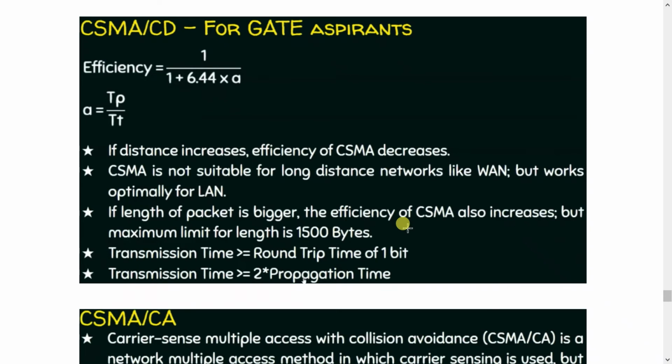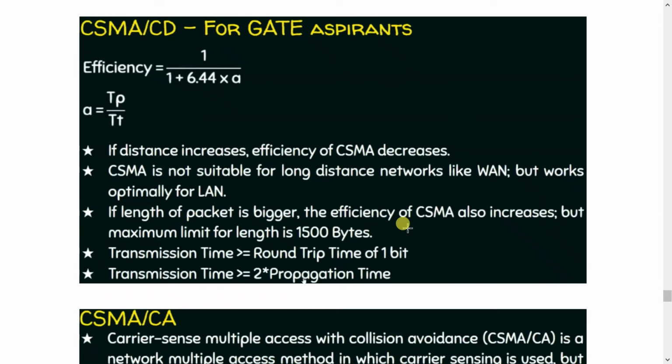So when there is signaling, meaning handshaking between the nodes, this will affect your efficiency, decreases your efficiency. When there is collision, it will affect your efficiency, decrease it basically.